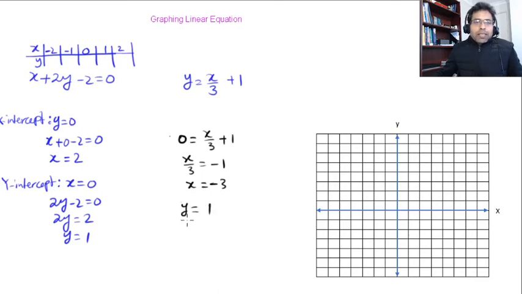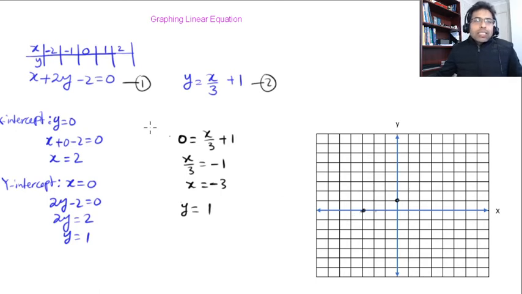So if I draw the second equation, you know that our y-intercept is y equal to 1, so y equal to 1 is here, and our x-intercept is minus 3. Minus 3 is 1, 2, 3, so this is the point.